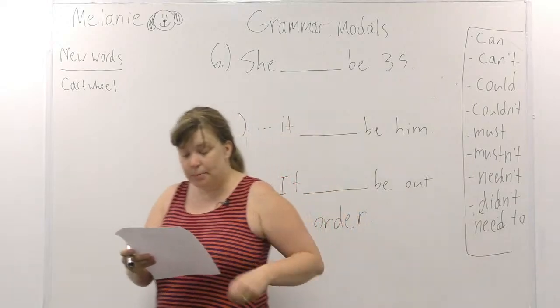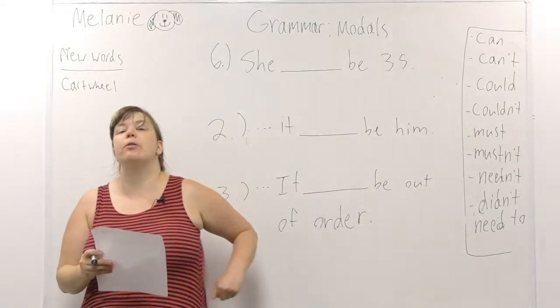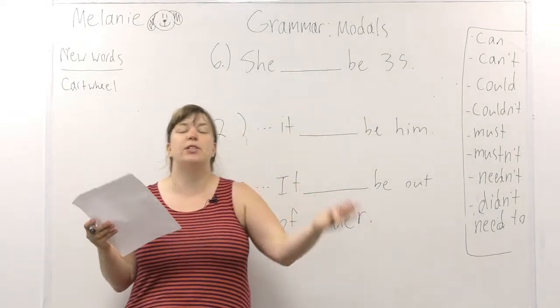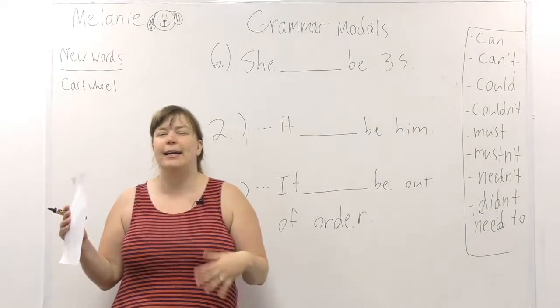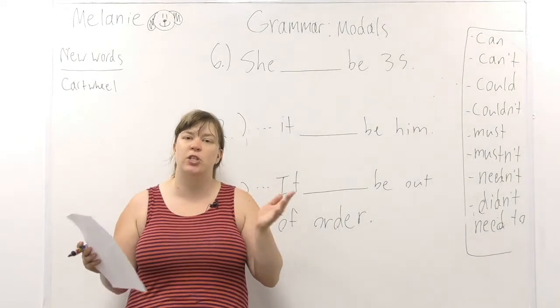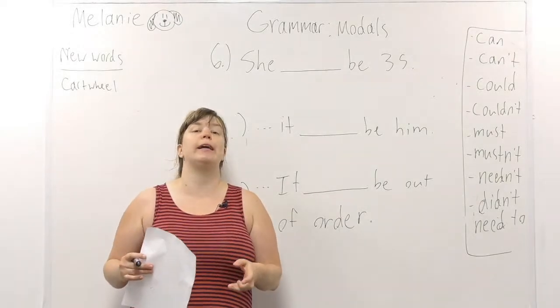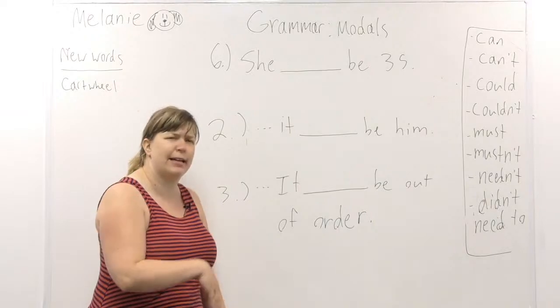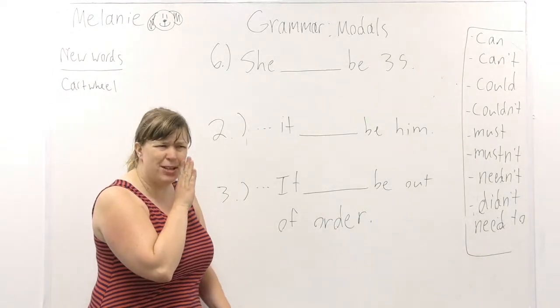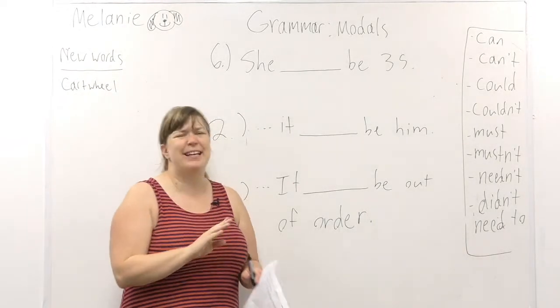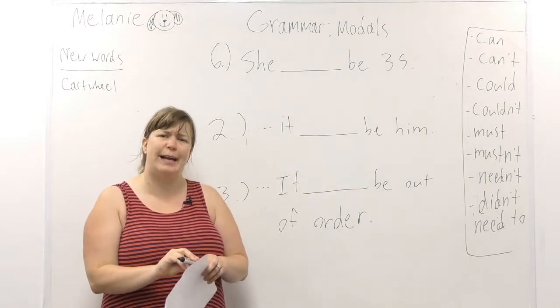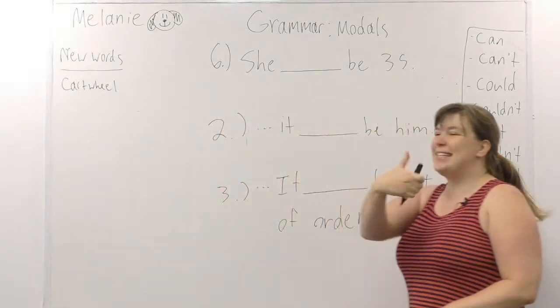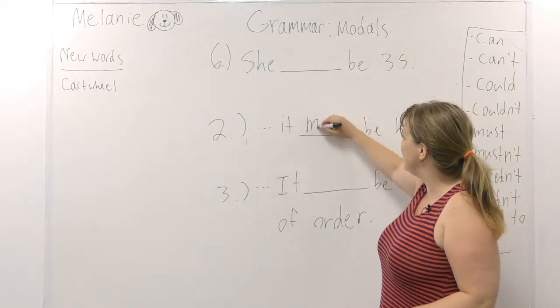So let's say you're meeting someone's friend and she says, I'm 35 years old. And you're like, oh, okay. And then later you talk to your other friend, you're like, she can't, wow, 35? Huh, no way.